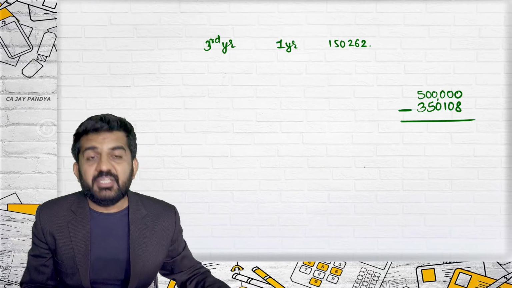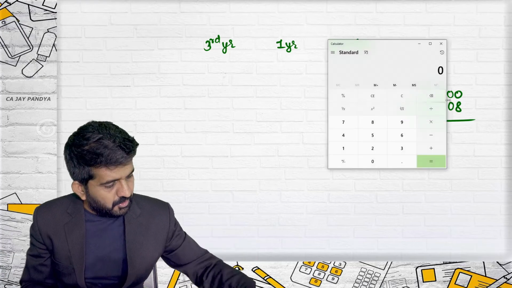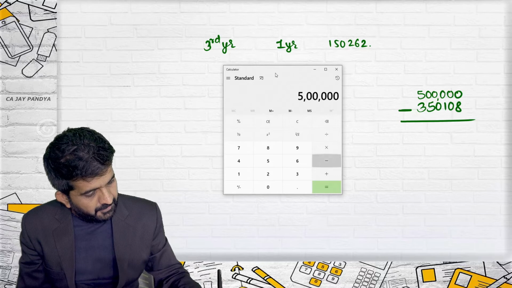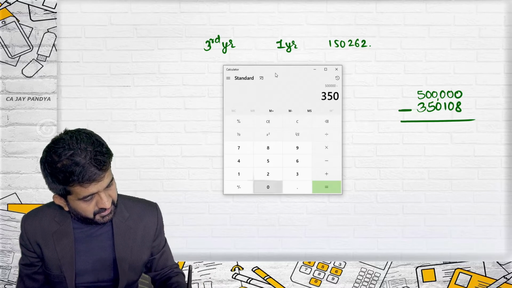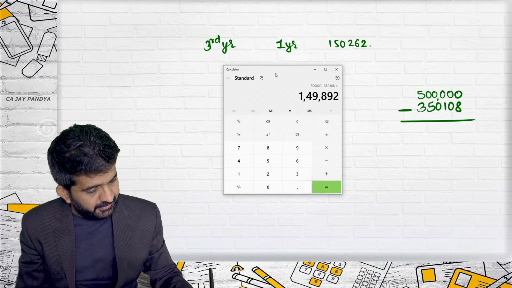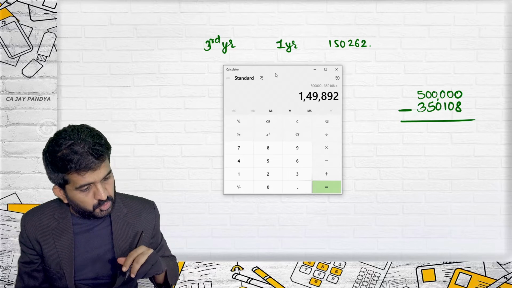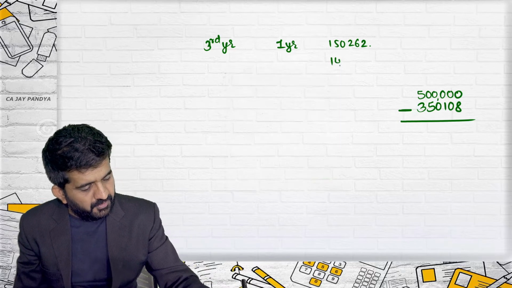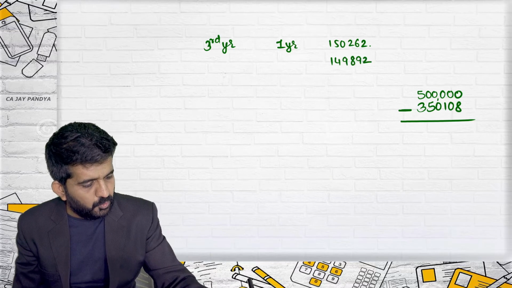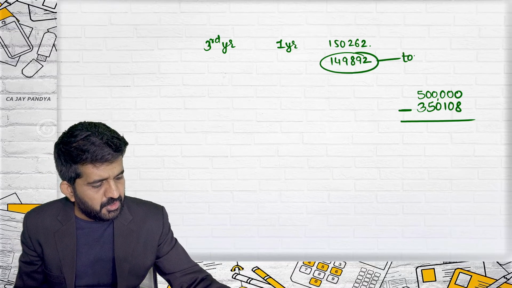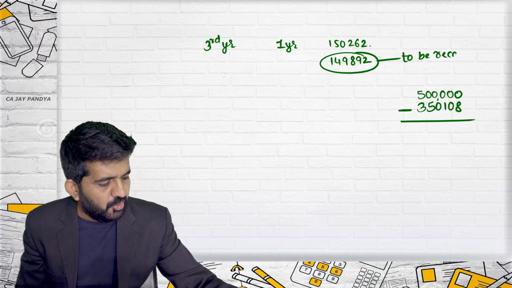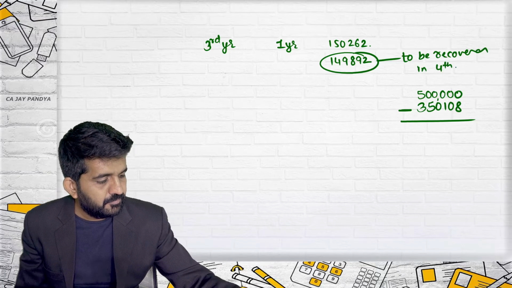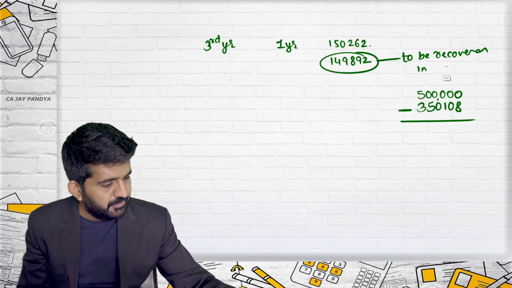So in the third year, my recovery required was only 5 lakh minus 3,50,108. What was required to be recovered? 149,892. 149,892 was to be recovered in the third year.